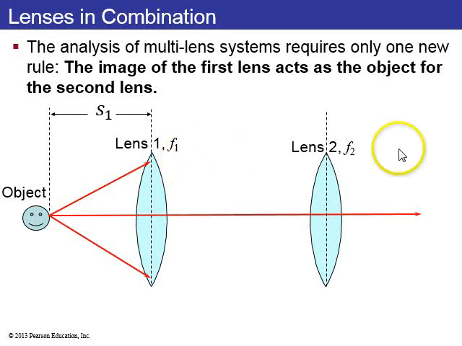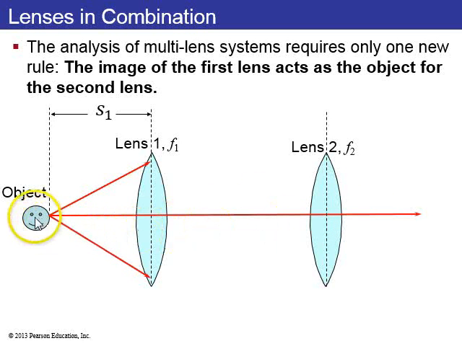So when you have two lenses used in combination, or multiple lenses used in combination, there's just one new rule you have to use, which is that the image for one lens becomes the object for the subsequent lens.